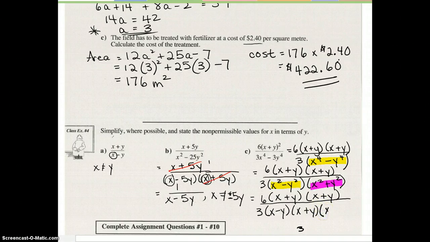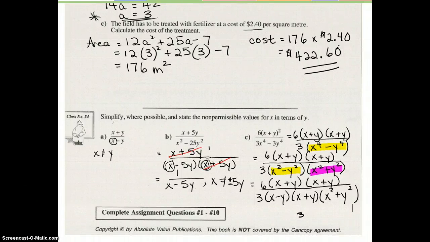That's not a difference of squares because there's a positive sign in between. So I just leave that the way it is. Now that I have that, I can start canceling. So I have an x plus y and I have an x plus y. Is that it? Well, I can also look at my whole numbers out front. I have a 6 and a 3.